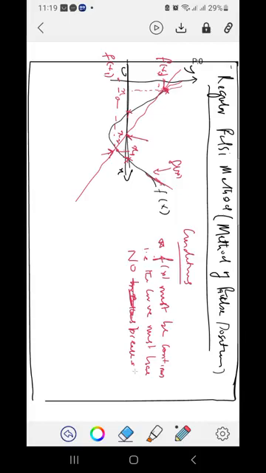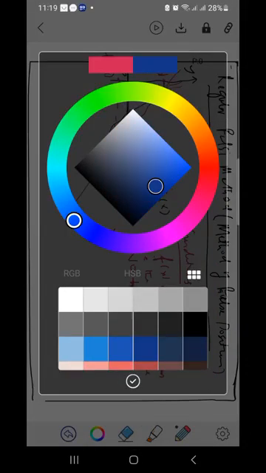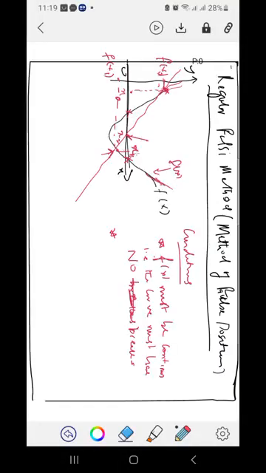Then the second condition, which is actually the most important condition, is this. We've called this point x naught and I will call this point here x1. Maybe I should pick another color. Okay. So both of them must lie on opposite sides.